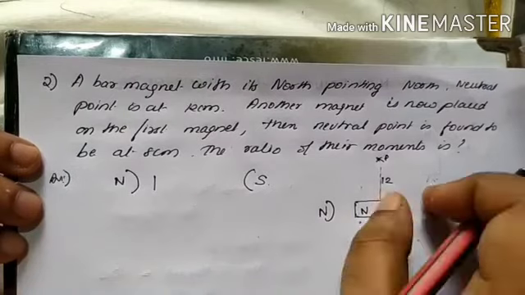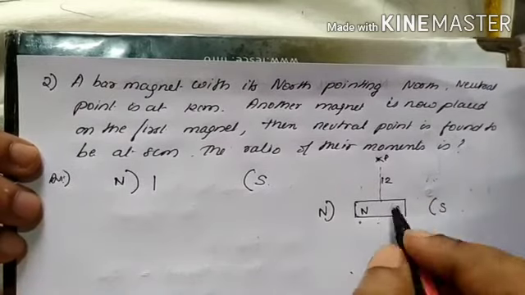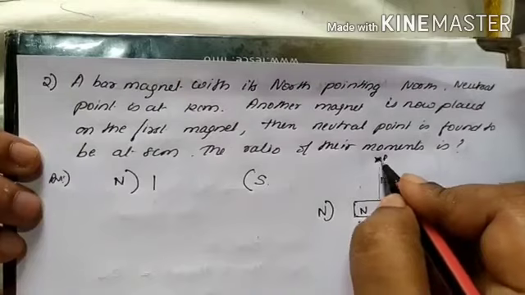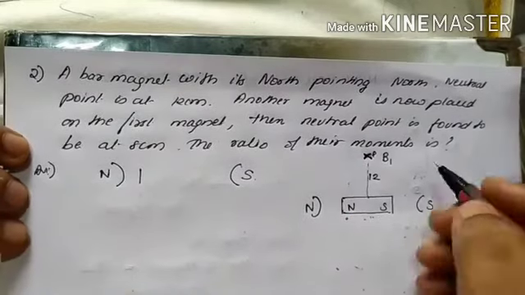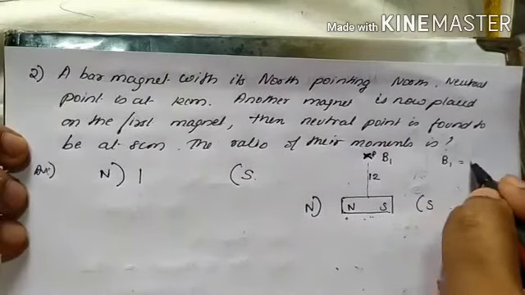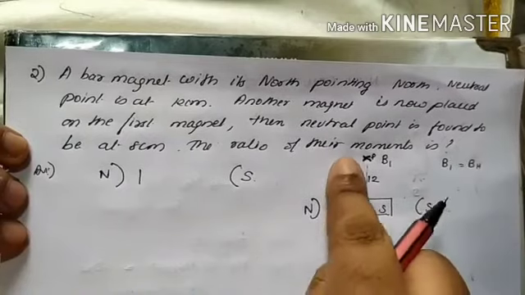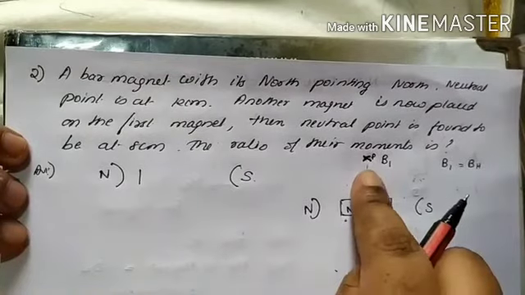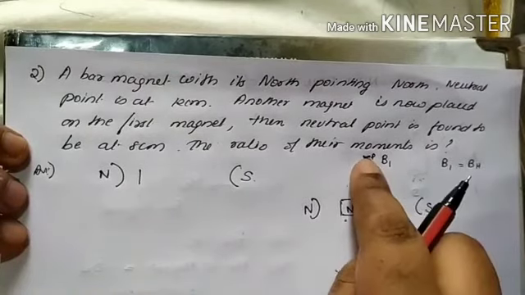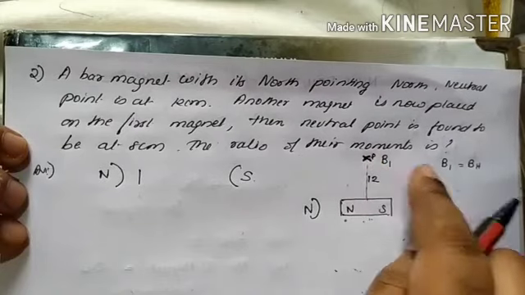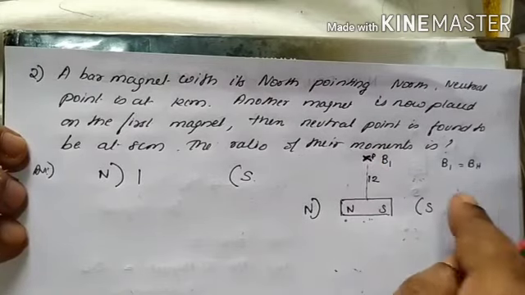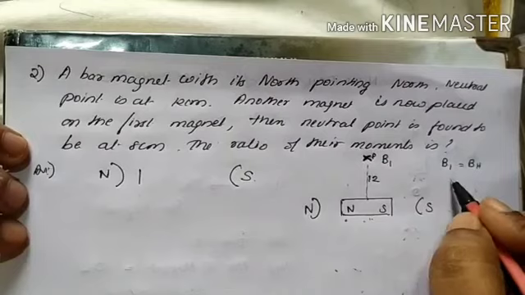Now you are told that the null point has shifted from 12 centimeter to 8 centimeter, right? At that P, initially the magnetic field B1 was equal to BH, the horizontal component. At the null point the magnetic field of the magnet is equal and opposite to the Earth's magnetic field, and out of the Earth's magnetic field, it is the horizontal component.